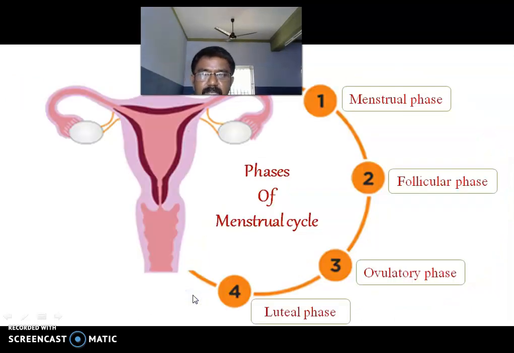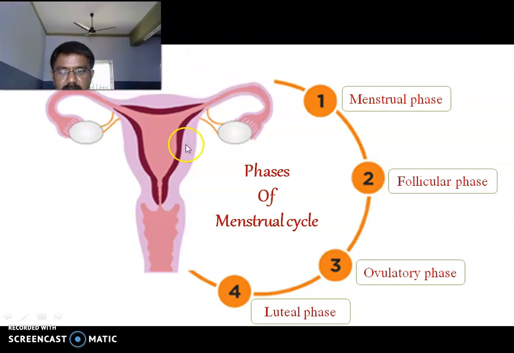Next, the female reproductive system: uterus, ovary, fallopian tube, cervix, cervical canal and external genitalia. First the menstrual phase, second follicular phase, third ovulatory phase, fourth luteal phase. These are the phases of the menstrual cycle.